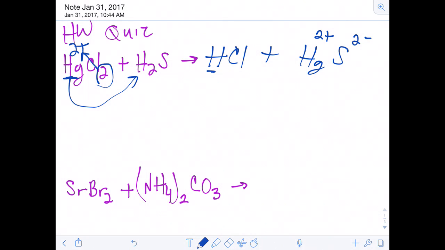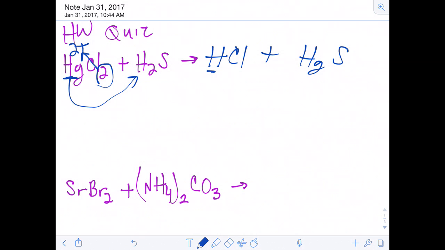The finished formula is just as it's written, HgS. And same thing for hydrochloric, right? Chlorine is a 1 minus oxidation state, so you'd need how many hydrogens? 1. And hydrogen's a +1, so how many chlorines? 1. So you don't write anything, you just leave it the way it is. All right? Cool.